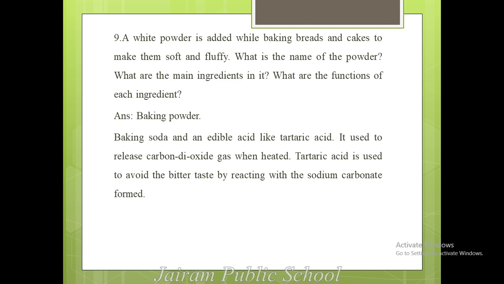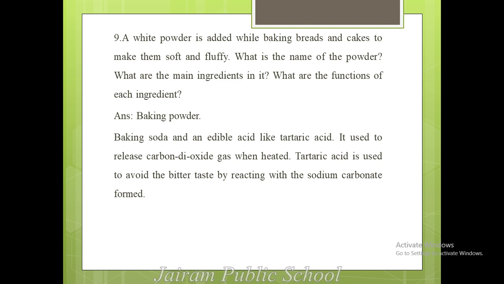So the answer for that is baking powder, baking soda and an edible acid like tartaric acid. It is used to release carbon dioxide gas when heated. Tartaric acid is used to avoid the bitter taste by reacting with the sodium carbonate formed.